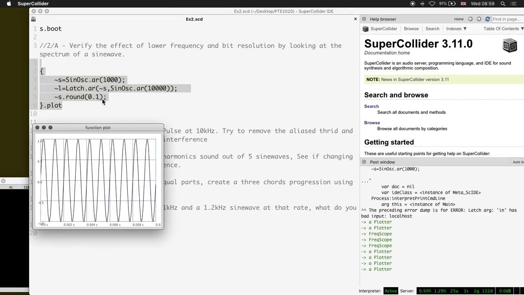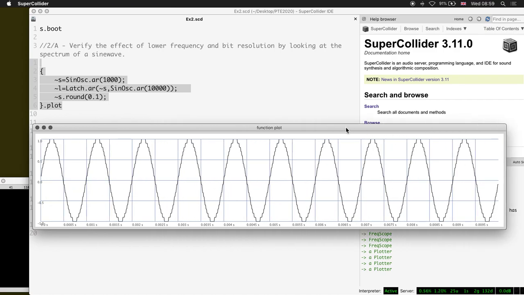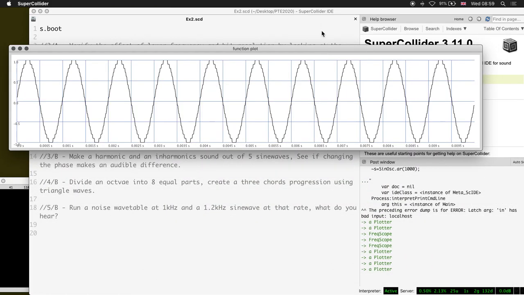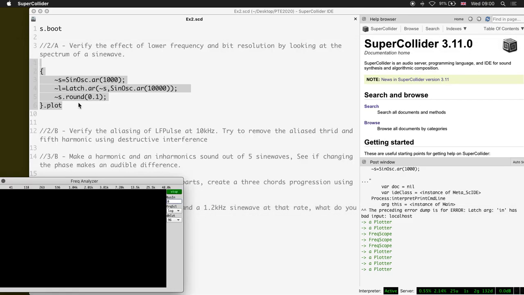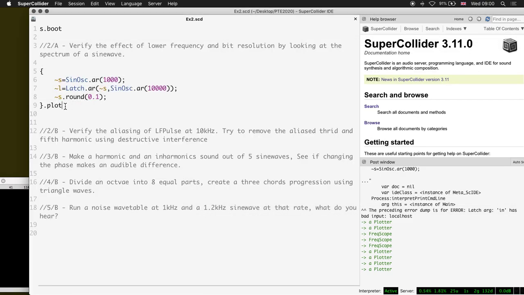Okay, that definitely doesn't work. Oh yeah, that does work. Sorry. So there you go, some comparison of the screen resolution and the audio resolution. So that's another type of resolution loss. Let's hear it. Let's look at the spectrum of that.